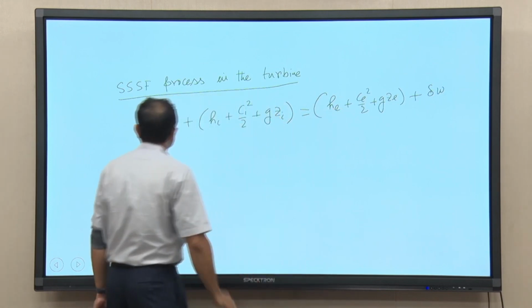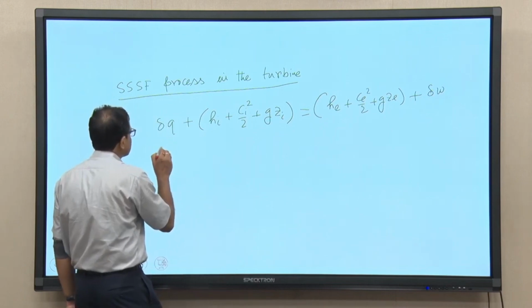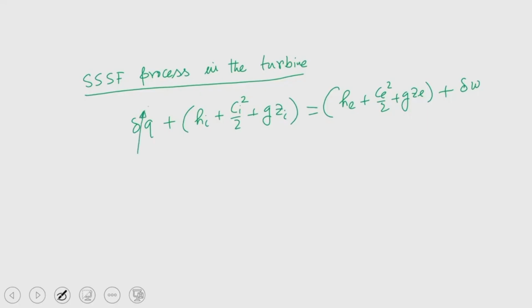Since in the turbine there is no heat interaction, this term is equal to 0. So, no heat interaction between system and surroundings.